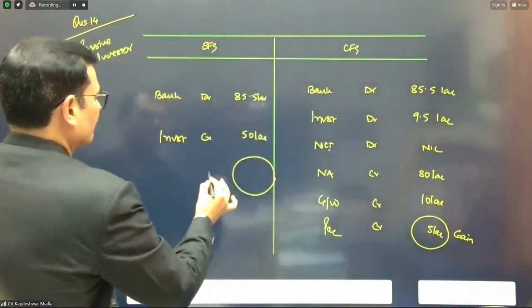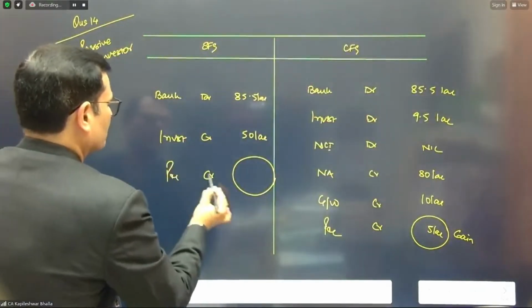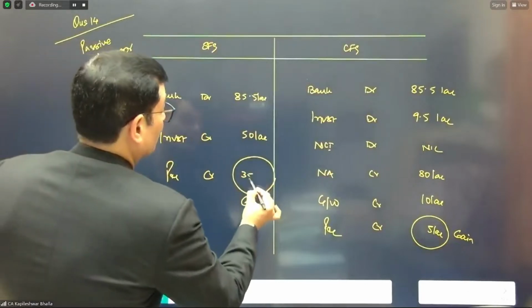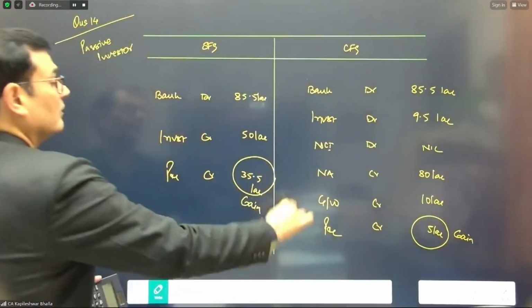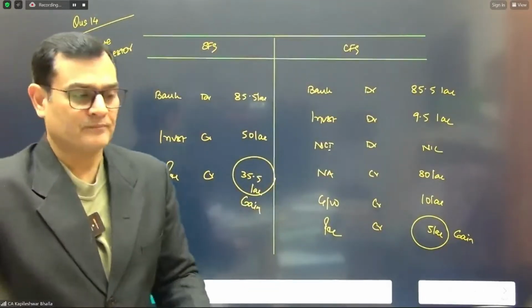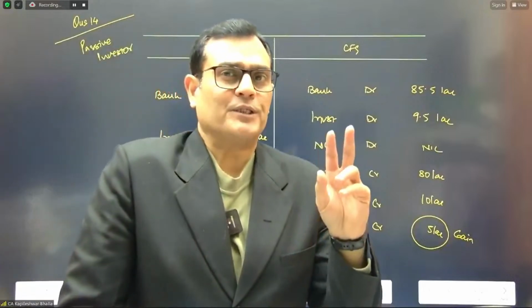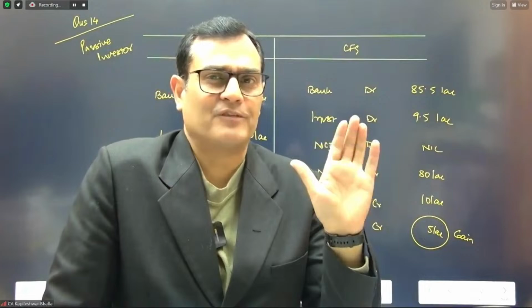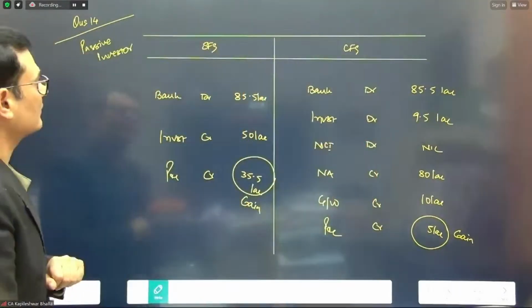And we're going to get a balancing figure, which is a gain on disposal and taken to the P&L. That works out at 35.5 lakhs as the gain on disposal. Wow. So we've done two cases on a partial disposal: full disposal as 1 and conversion to passive investor as 2. Let's go further.